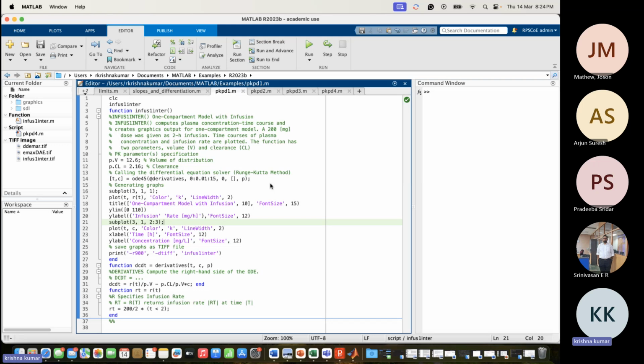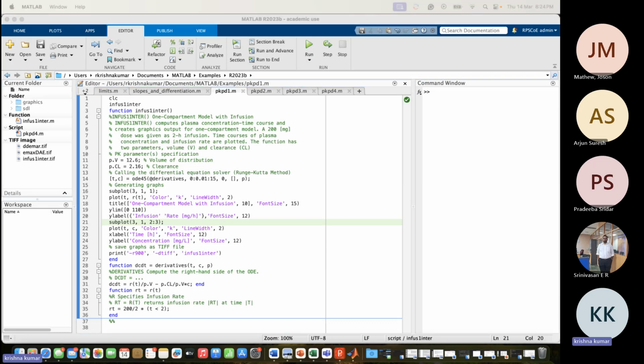You can write down these two equations and tell it in English, and it will write down this equation. But I thought I should also expose you to how you can write it. I'll share these codes with you, so that will be useful to you. Any questions? No, sir.